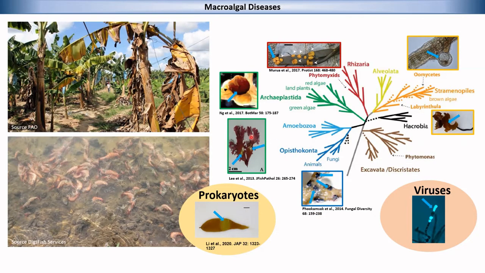We have green algal endo- and epiphytes that can be a problem for algae. Then we have red algal parasites, and for example, phytomyxid pathogens. And of course, macroalgae can also be infected by viruses and by bacteria. Such algal diseases are documented in both wild and cultivated macroalgae.